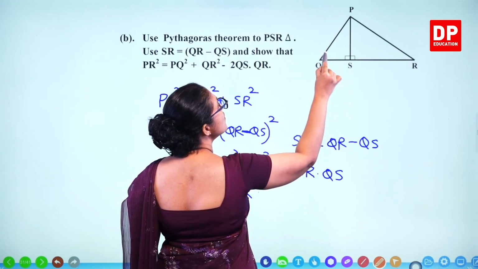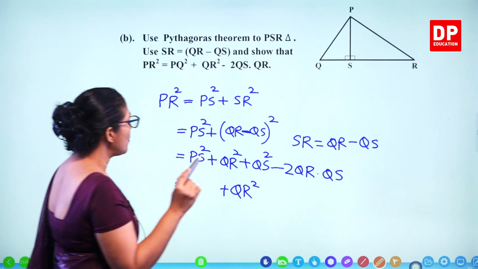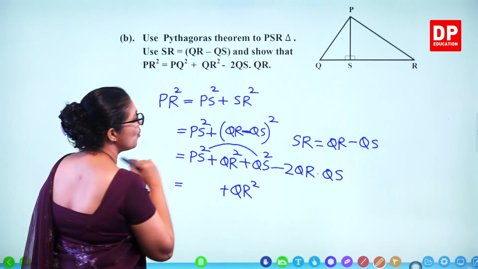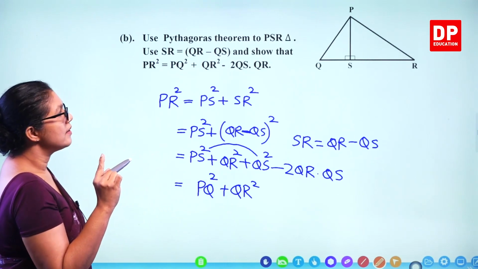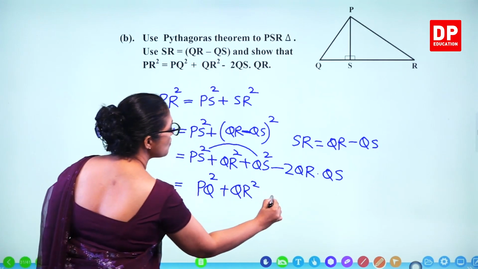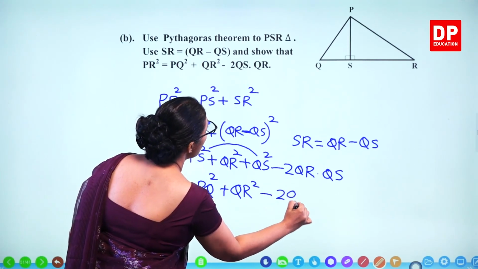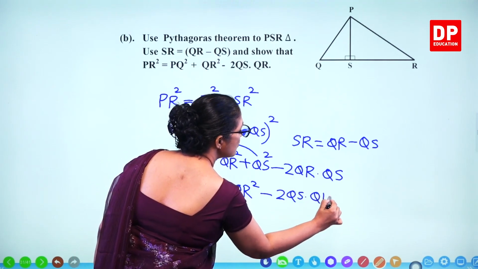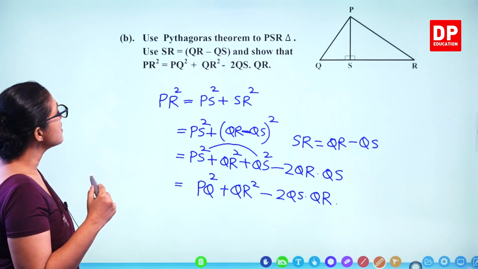What can you say about this? Again, using Pythagoras theorem, these two give PQ squared. And look at this one, is it the same? Yeah, 2 times QS and QR. So easily you are getting it only using Pythagoras theorem.